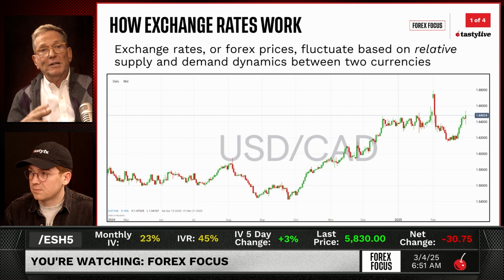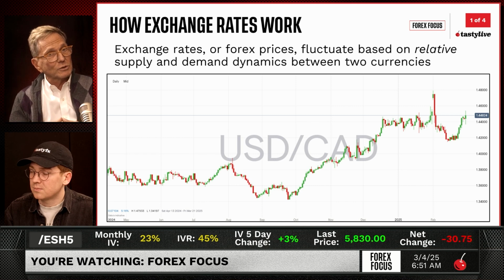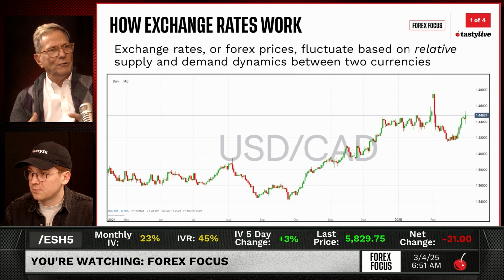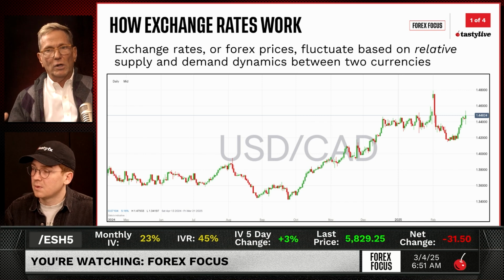The supply and demand of goods being exchanged between the countries and the value of those goods. From what I understand, much of the upper Northeast is completely dependent on Canada for not just crude oil, but for diesel fuel, for gasoline, all of it. So it's that trade back and forth and that relative balance of trade.